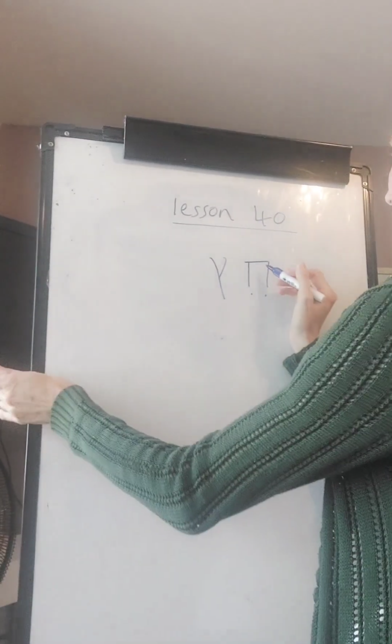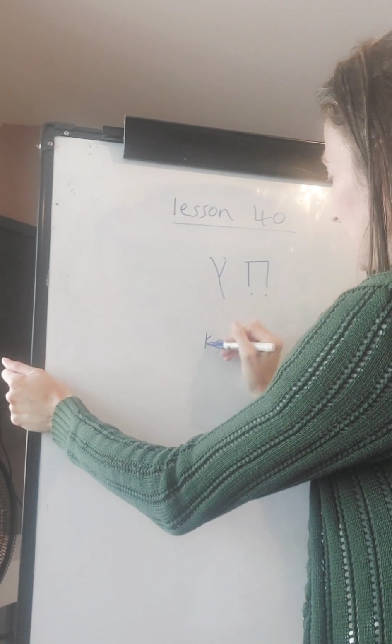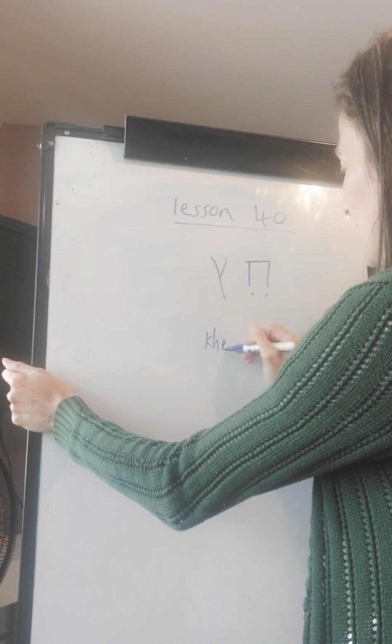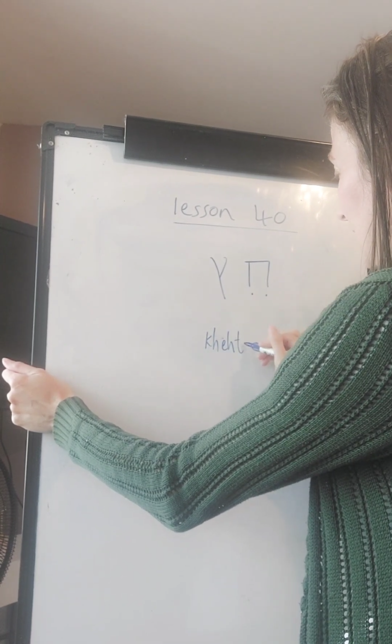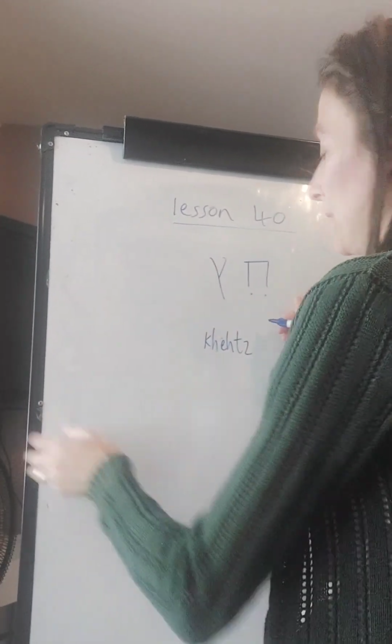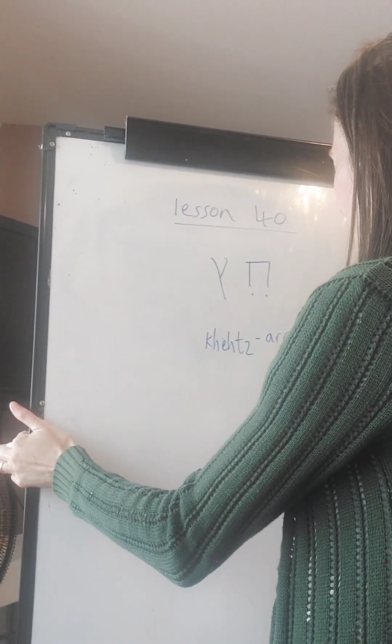Okay, this one, this is the chet, which sounds as chat. The two dots is the E vowel, which sounds as air, and final tsadi at the end, chets, and that means arrow.